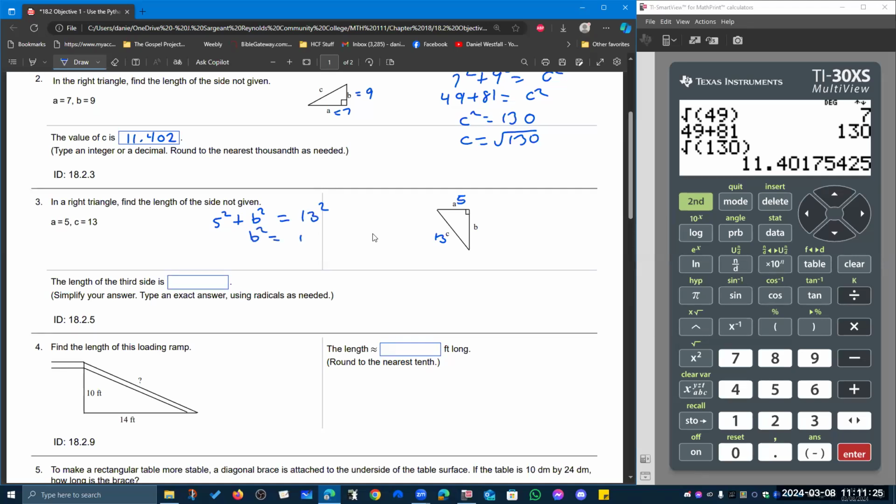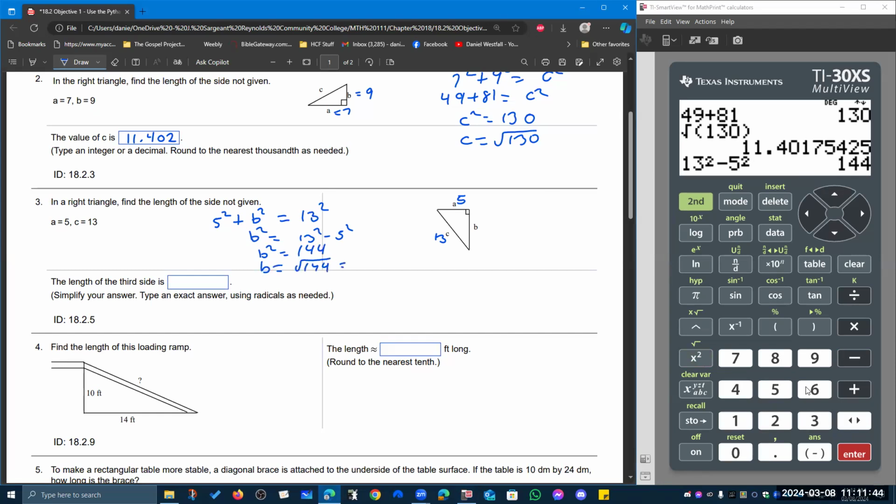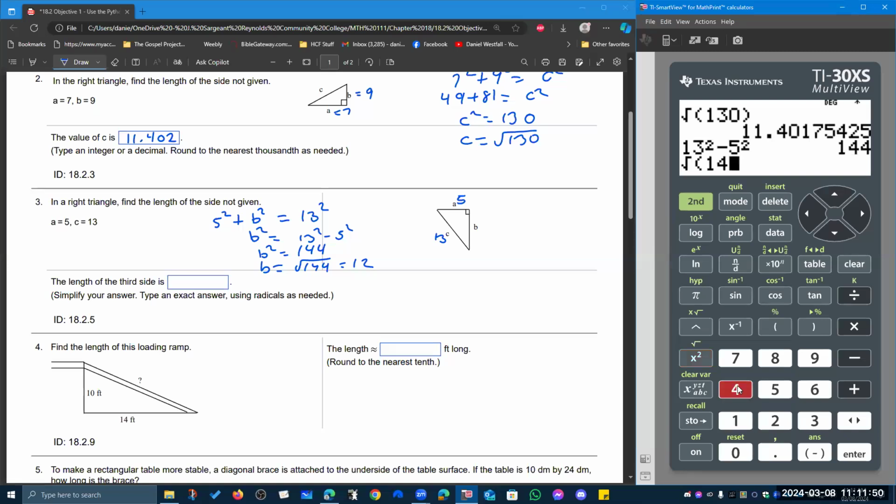B squared is equal to 13 squared minus 5 squared, which is 144. And B is equal to the square root of 144, which is 12. Let's just show that to you with the calculator. And there it is.